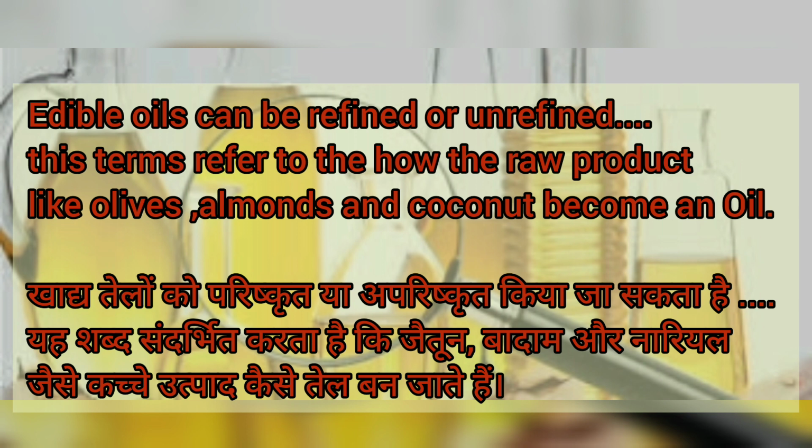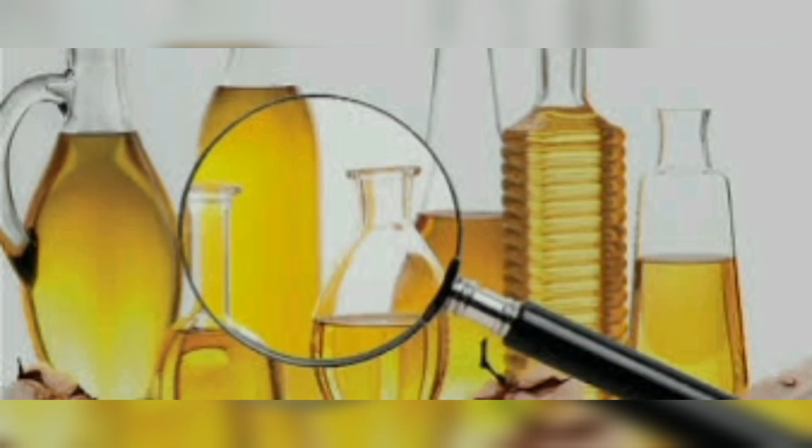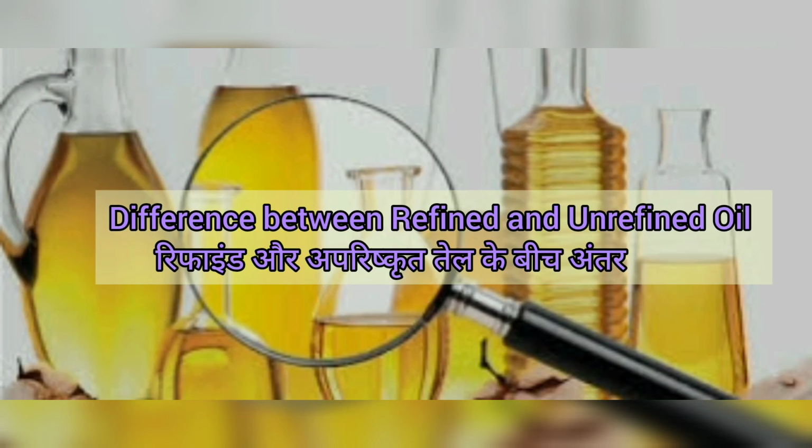Edible oils can be refined or unrefined, in terms of how raw products like olives, almonds and coconut become an oil. So now we should know the difference between refined oil and unrefined oil.